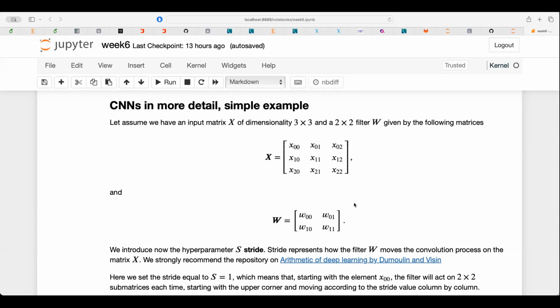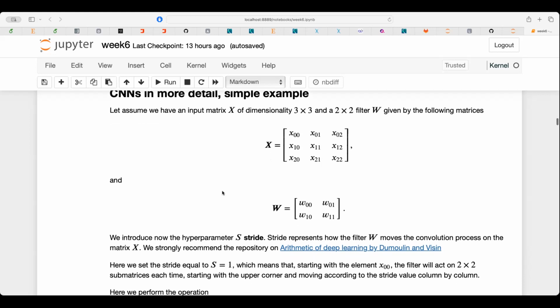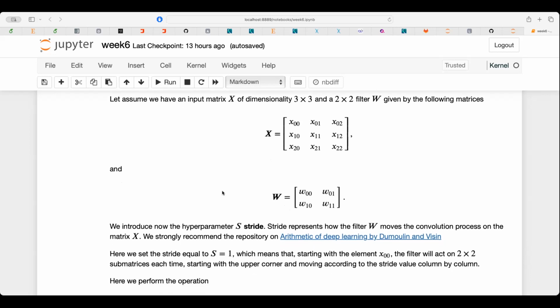Then we have a filter with what we call a stride equal to 1, where we simply multiply with different 2x2 sub-blocks. In each case, we move just one step to the right and one step down. So we are setting up what we call a convolutional stage with a stride equal to 1.